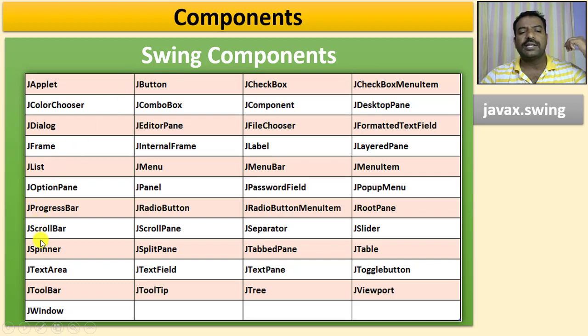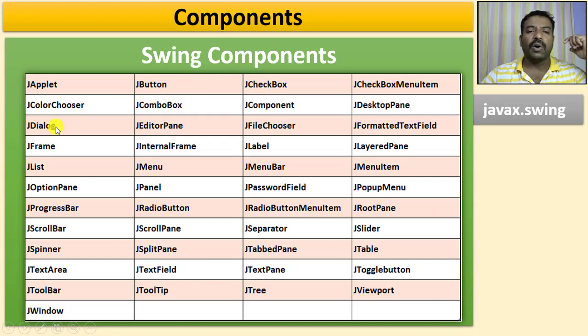Now all these many classes are going to be under JComponent. So these are the subclasses of JComponent. Now starting from JApplet, if I want a button, I am going to use an instance of the class JButton. For the checkbox, I am going to use an instance of this.